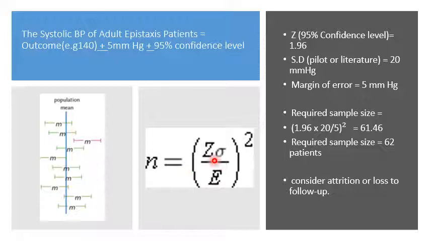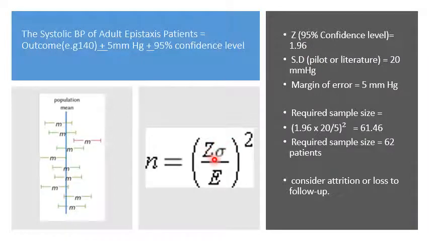This equation depends on the margin of error, the level of confidence, and the known variability of the blood pressure of this group. Here we set the z-score, the level of confidence, again at 95%. So the z-score of 95% confidence interval would be 1.96. We'll plug this here.